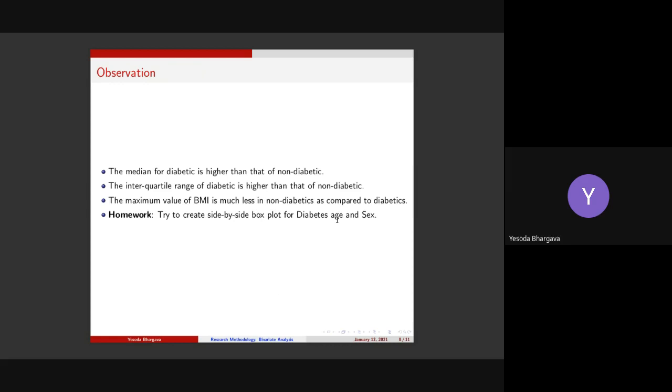So the categories and the comparison that you are making should make intuitive sense. It should be practically meaningful. Otherwise, it is of very little importance, no matter how great the finding is. The categories should not be absurd in nature. They should be able to tell you something about the real world.